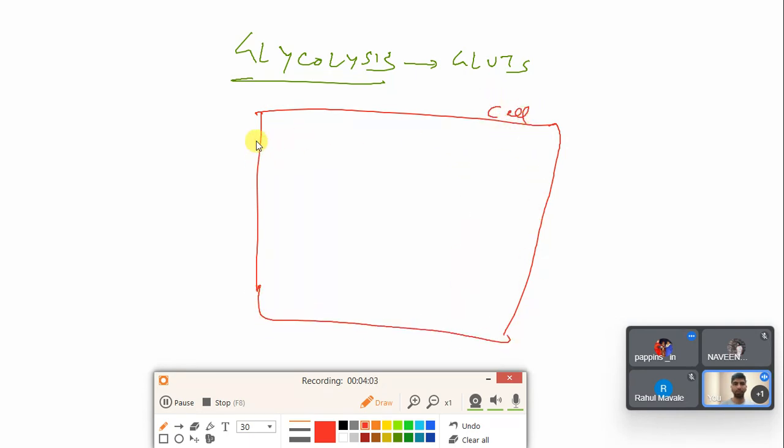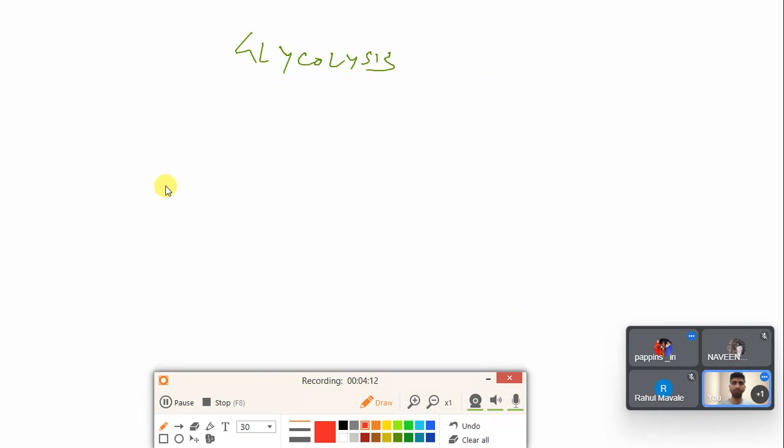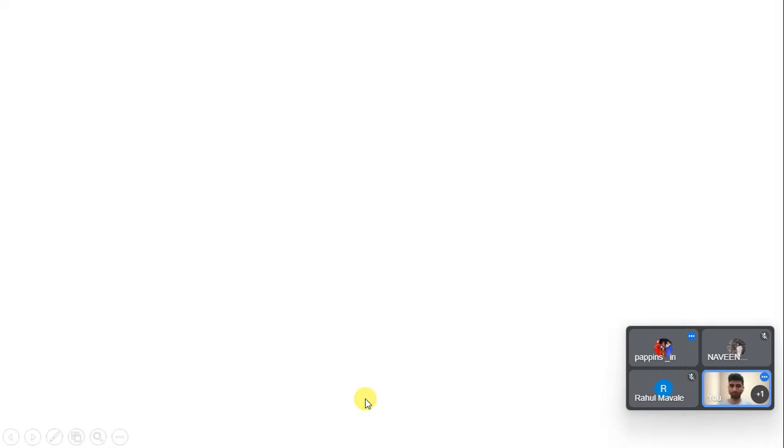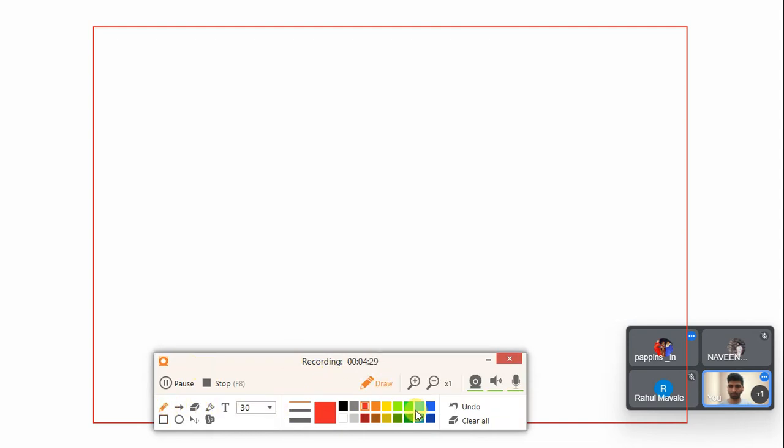So consider this as a cell. Now from the blood, what we remember is that after eating something, the carbohydrates break down in the GI tract, that is the gastrointestinal tract.